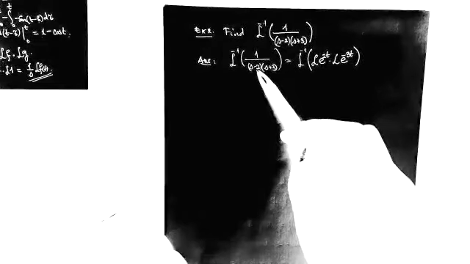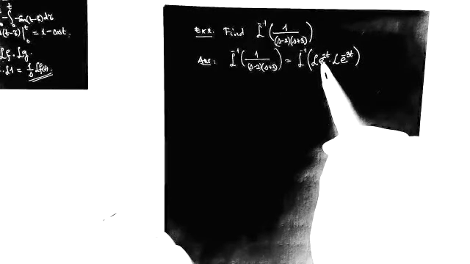Because 1 over s minus 2 is the Laplace transform of e to the 2t, and 1 over s plus 3 is the Laplace transform of e to the minus 3t.